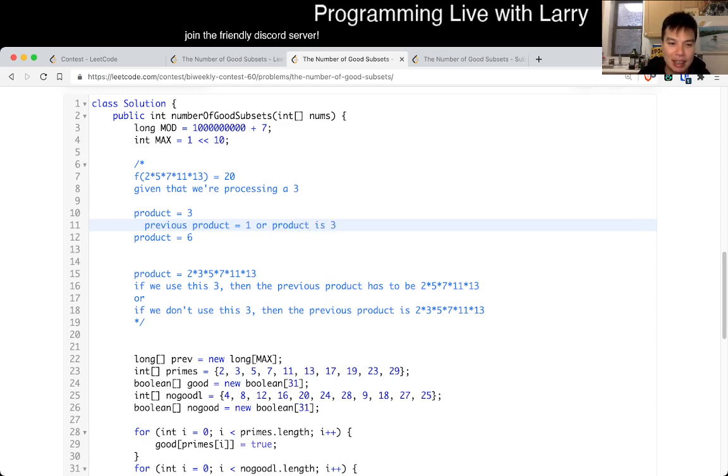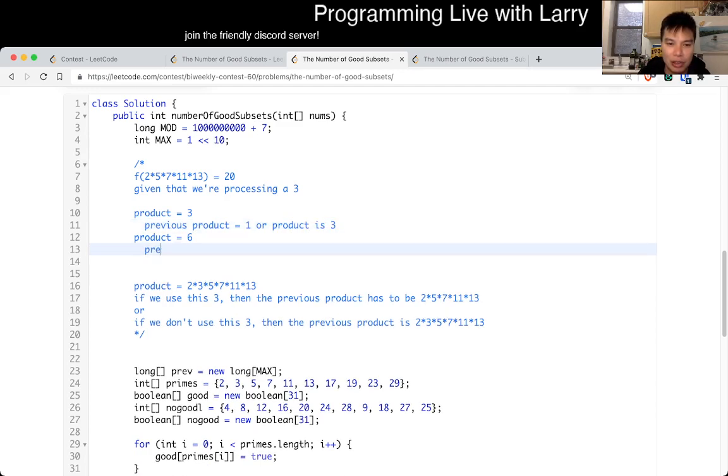And in this case, previous product is equal to 2, or product is 6, right? And then you kind of do this for every product that has a 3 in it. There's at most 2 to the 10 of these, because these have to be distinct, right? Because, for example, 9 cannot be here because that includes two 3s. So that's basically the idea.